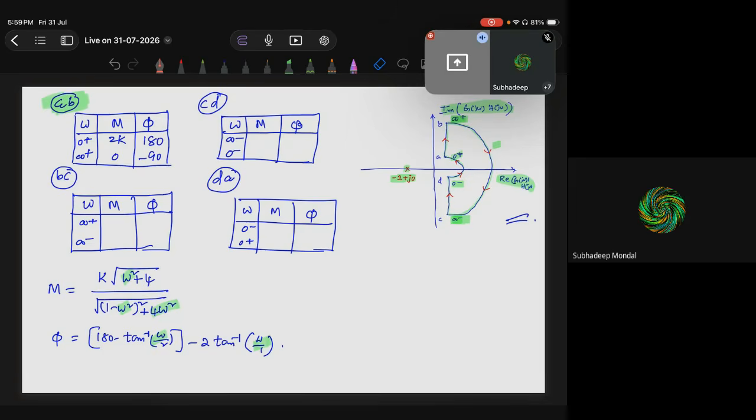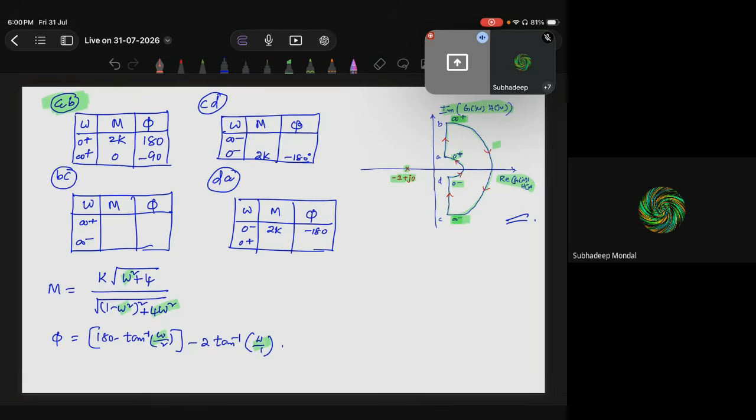So you just need to find only these two values. The other values are opposite. Other values, in the sense you have 0 plus, so obviously for 0 minus the magnitude will not change, the angle will be opposite.